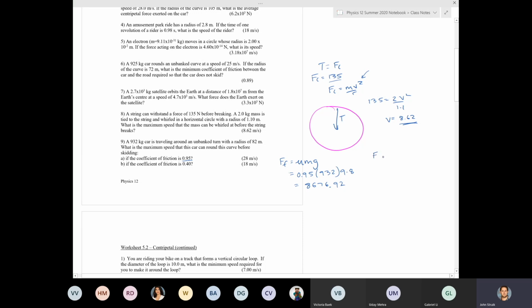So in this formula here, FC equals mv squared over r, you can just put that in: 8,676.92 equals 932 v squared over 82. Okay, good. And that gives your maximum velocity that you can round the corner with.